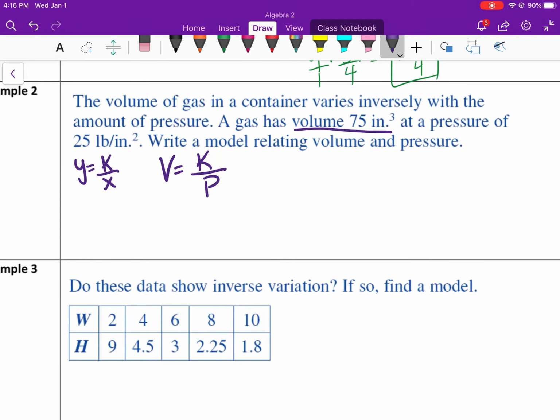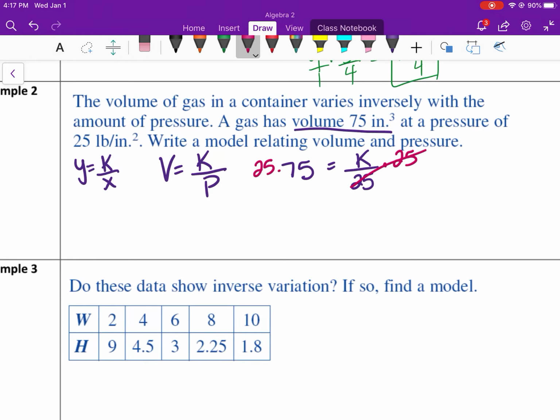Then it says that the volume is 75 cubic inches. So I'm going to plug in 75 for volume. And the pressure is 25 pounds per square inch. So I'm going to plug in 25 for pressure. Then I can use that to solve for your constant of variation in this problem by multiplying both sides by 25.